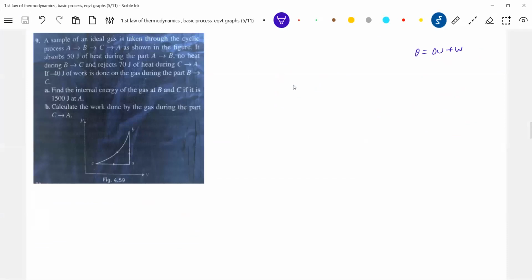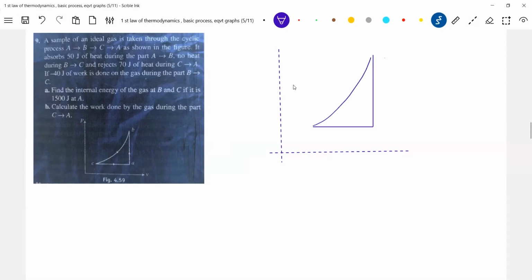Okay, let's read the question. I'll bring the graph here. Okay, it's a curve.